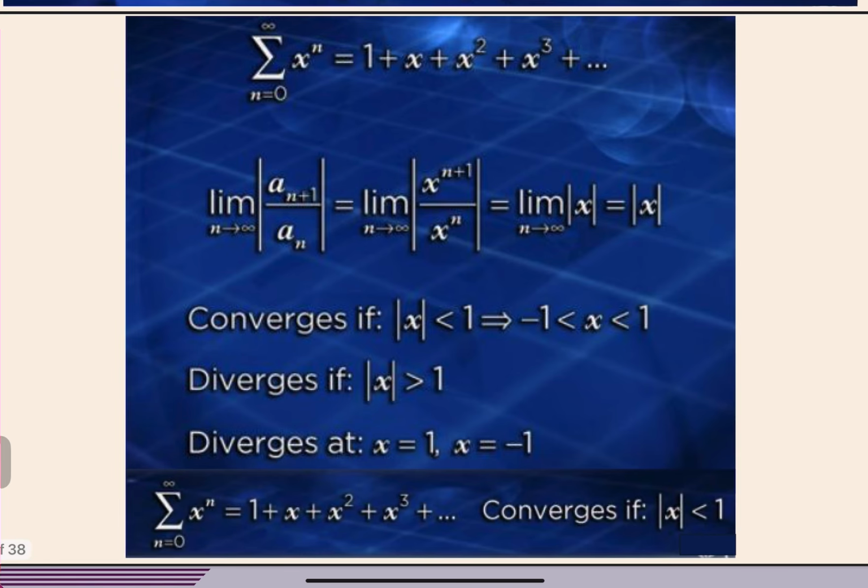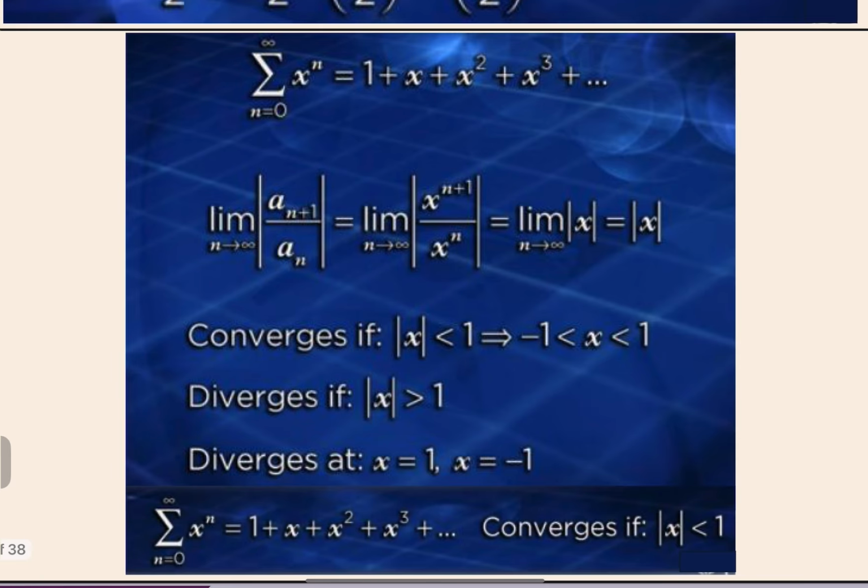But the ratio test will also show it. So let's do the ratio test. We take again the limit of the absolute value of successive terms: x to the n plus 1 over x to the n, as n goes to infinity.